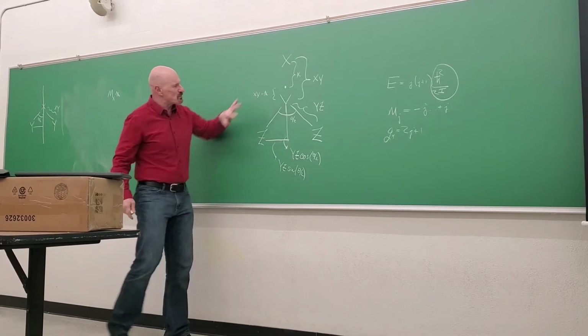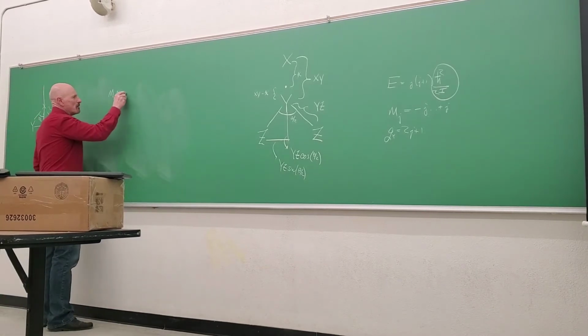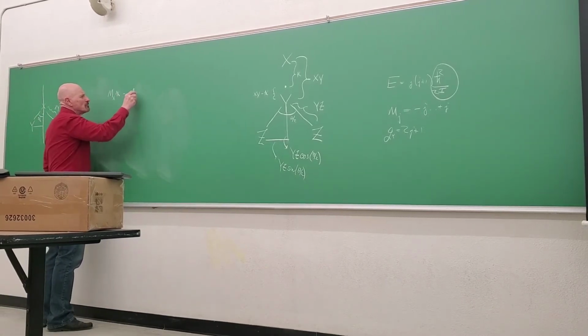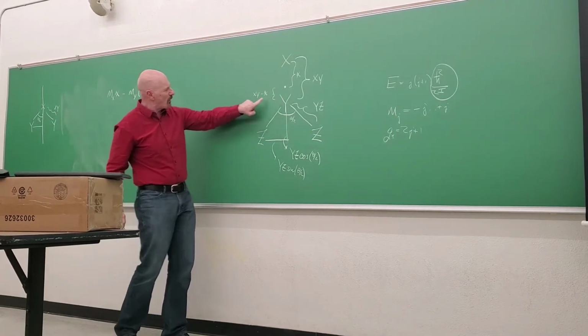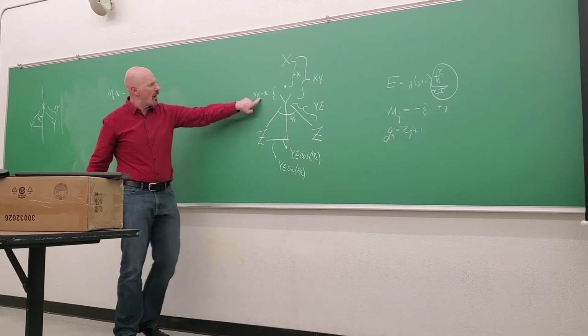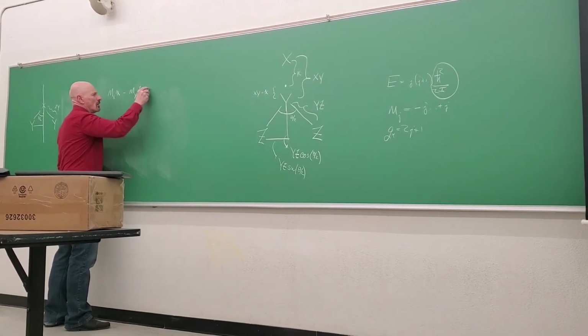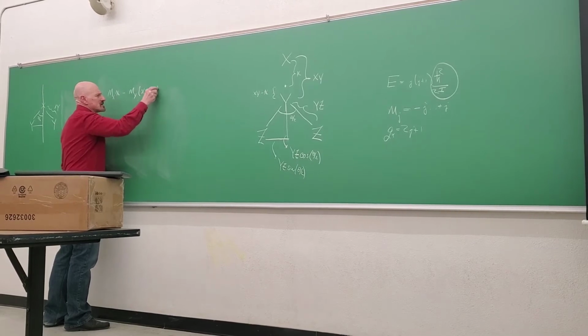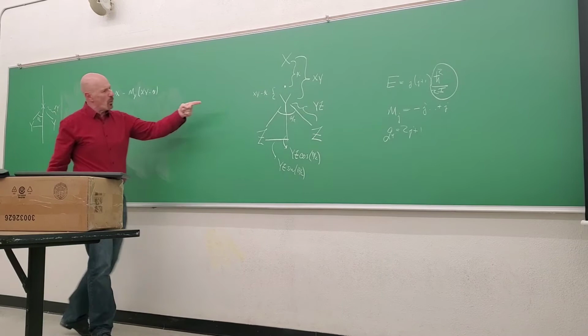Now I need to subtract from that because I'm going down. So it's going to be the mass of y, and I need this distance here from the center of mass to y. Well, that is xy minus x. So this will be xy minus x. All right, so that takes care of the rotation of y.